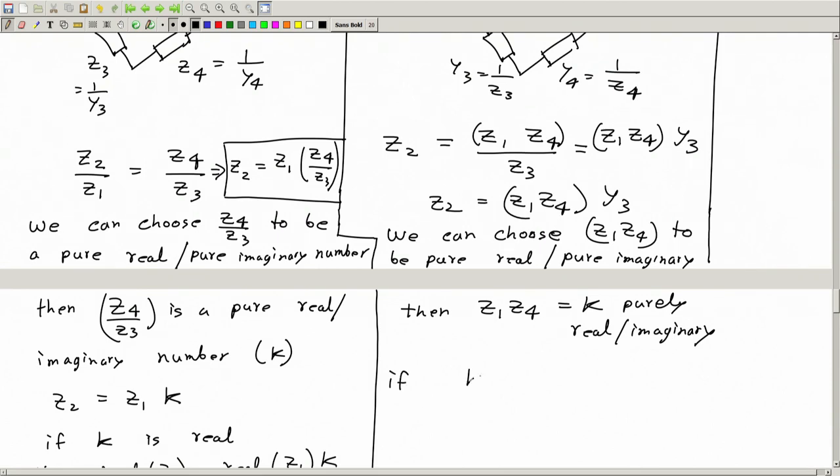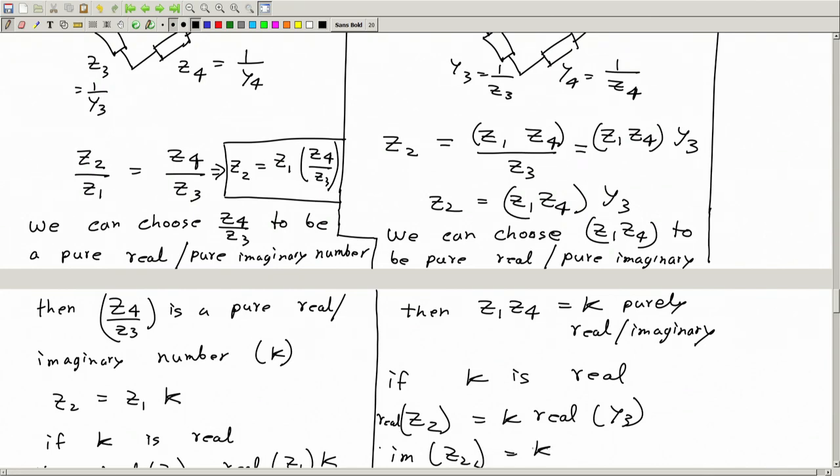If k is real, then of course we can write the real of Z2 same as k multiplied by real of Y3, and imaginary of Z2 will be same as k multiplied by imaginary of Y3.